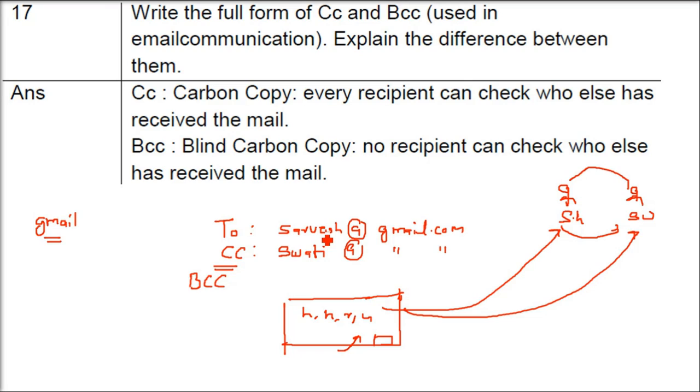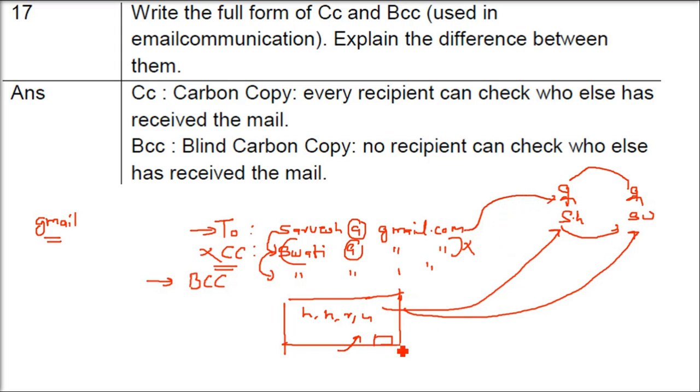You want to send the same mail to Swati, but you don't want Sarvesh to see Swati and Swati to see Sarvesh. So now you don't write Swati here, but her email will be put in the BCC text box. Now To is Sarvesh and BCC is Swati.